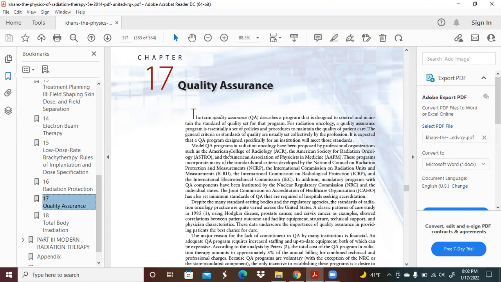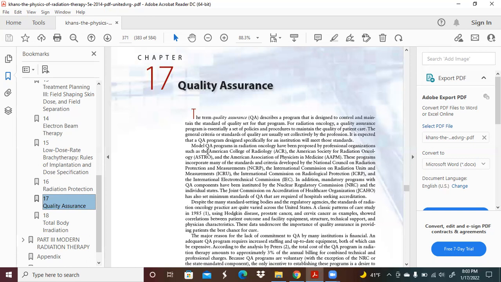We want to make sure that the machines, regardless if it's the planning system or the accelerator itself, are calculating as correctly as possible. And we also want to make sure that we're delivering the dose that we say that we are, because if we're not, that's going to end up being a real problem for everybody concerned, patient, the clinic, everybody.